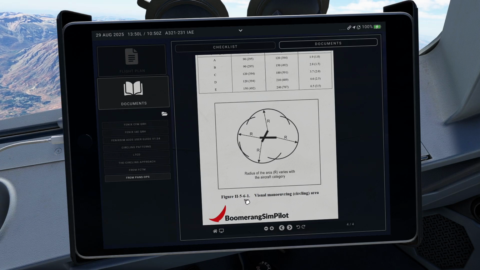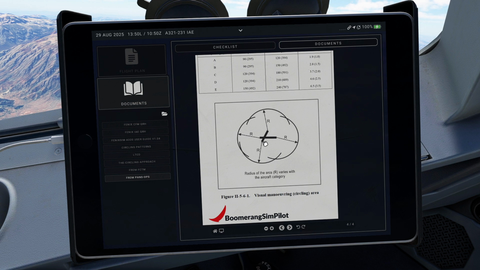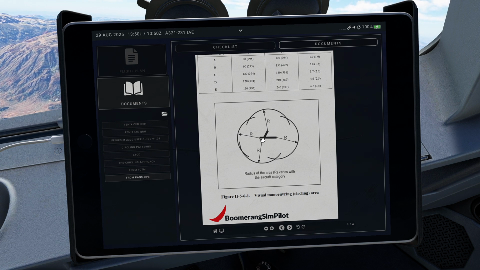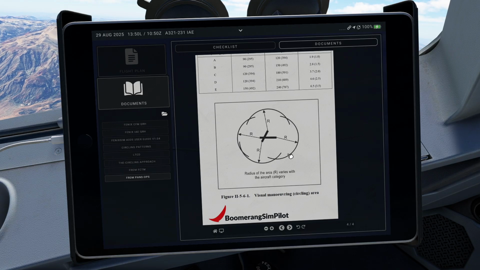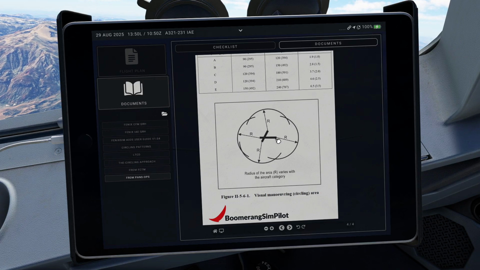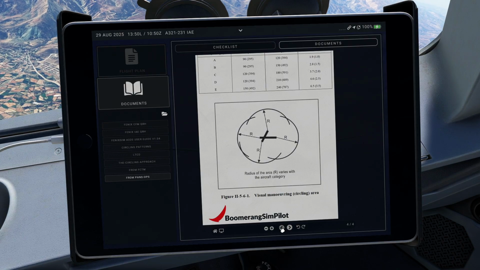Figure 2-5-6-1 is based on all runway thresholds. This one, the second one, third one, and fourth. We have some reductions based on runway threshold, which are the landing runway threshold.